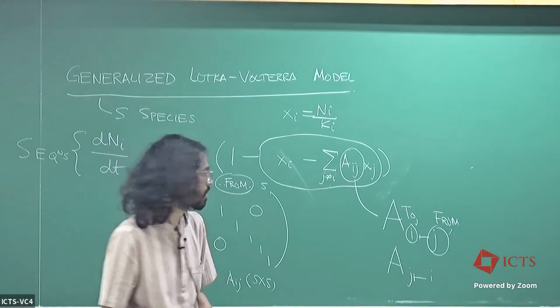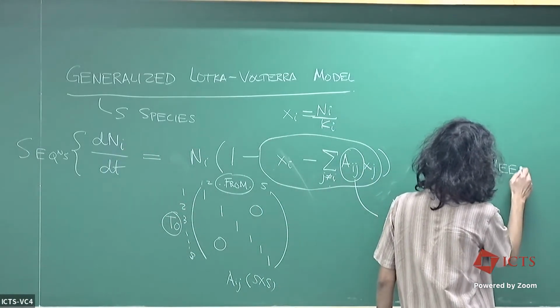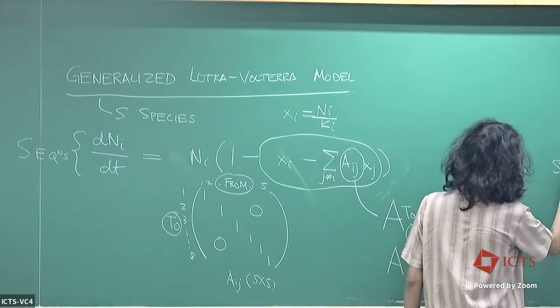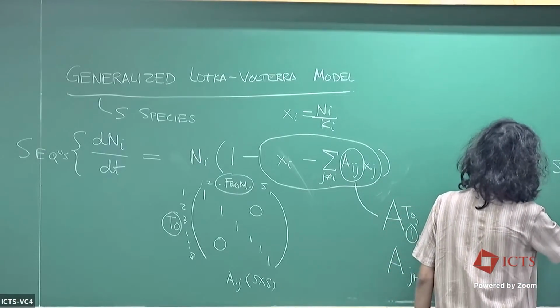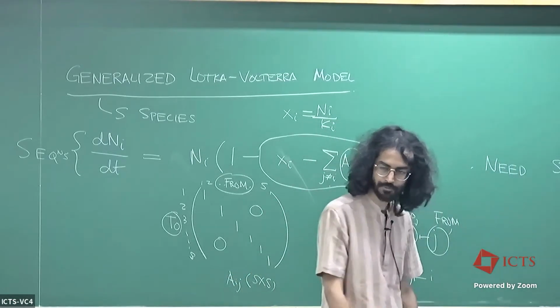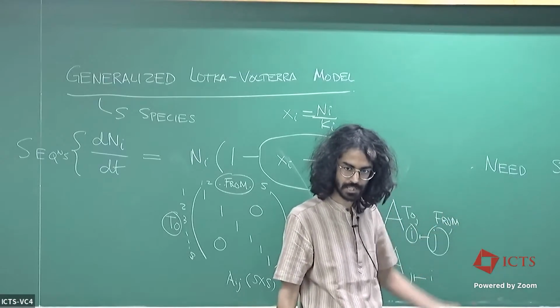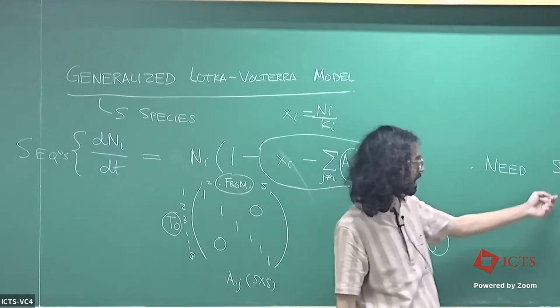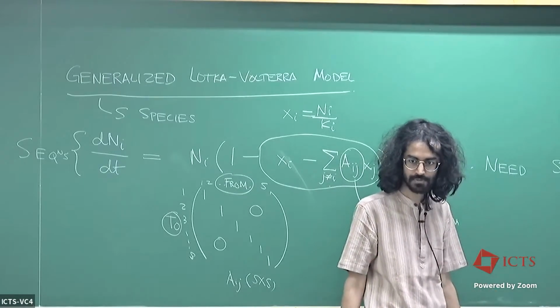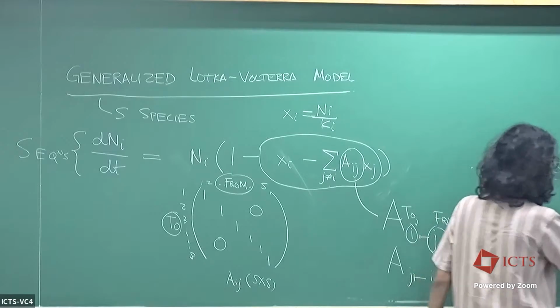You need S times (S minus 1) over 2. Every time you do an experiment, you get 2. If every time you did an experiment you got 1, you would have to do S squared minus S experiments. If you get S squared minus S each time, you would need to do 1. So this is how many experiments that you need.